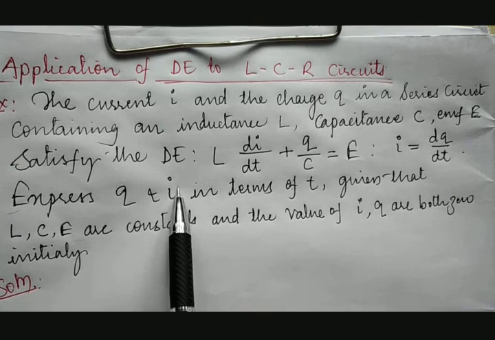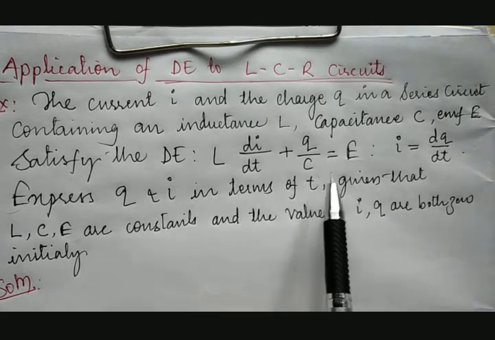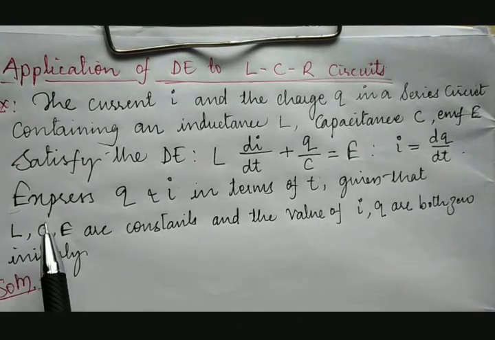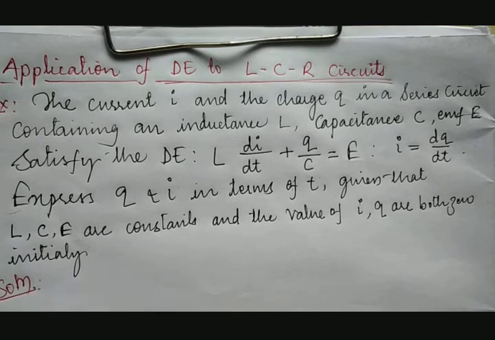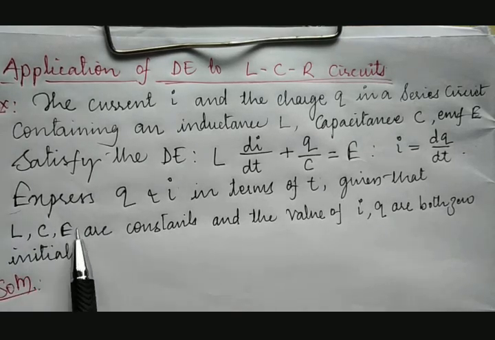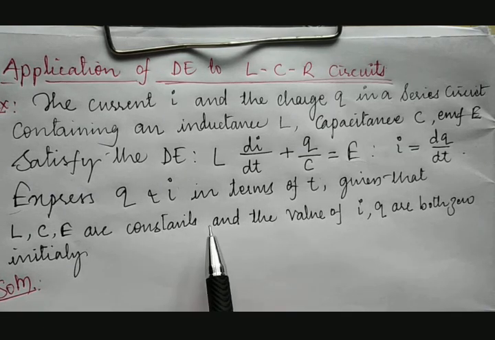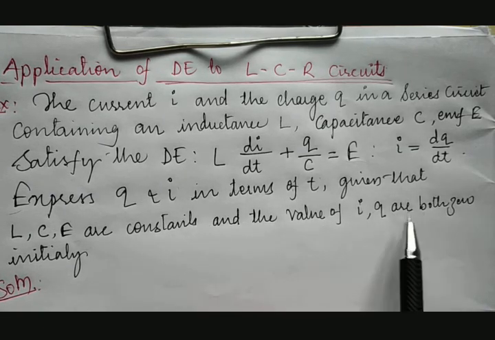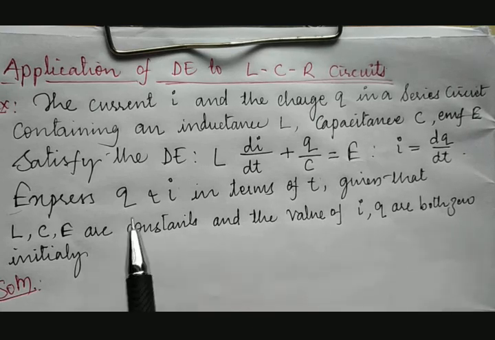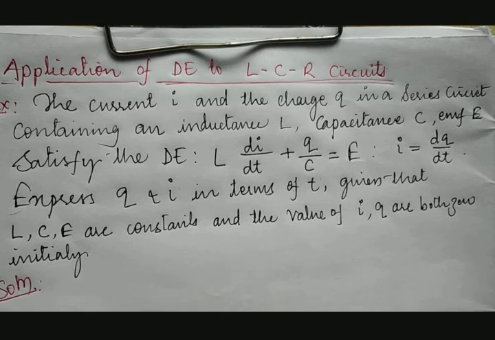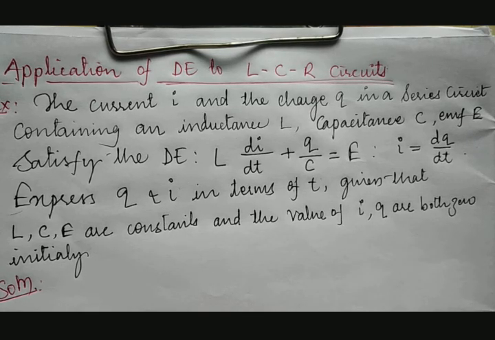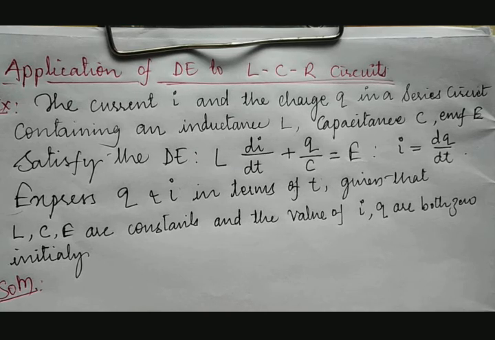Express Q and I in terms of t, given that L, C, E, that is inductance, capacitance and electromotive force, are fixed constants, and the values of I and Q are both 0 initially. I is the current, Q is the charge in the circuit. So this we need to calculate.